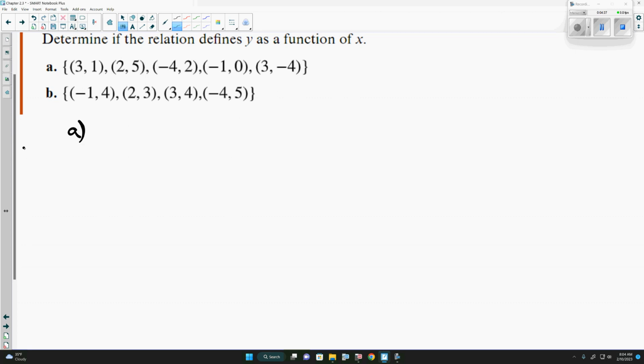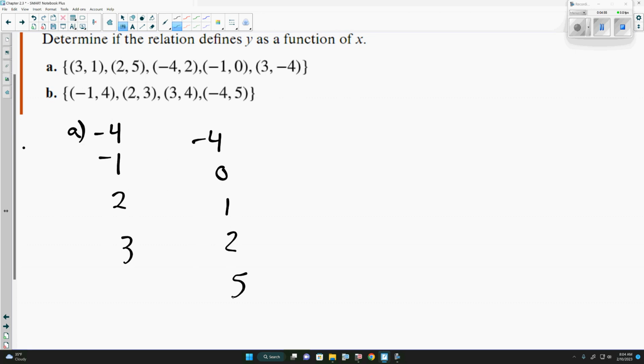Well, let's just go on and list out the domain values. We have -4, -1, 2, 3. Yes? Those are all the domain values. All the range values we have are -4, 0, 1, 2, 5.